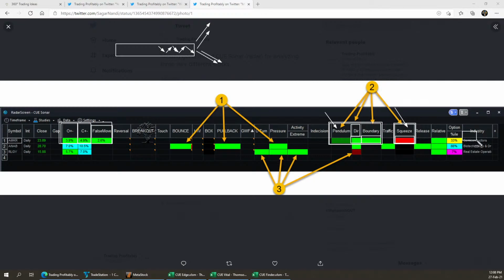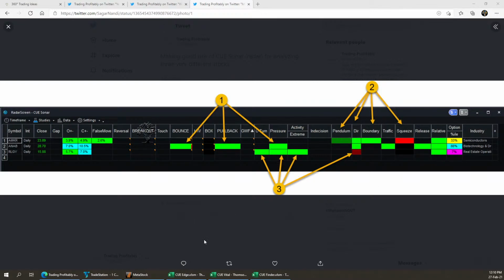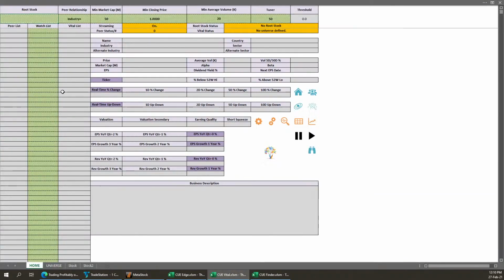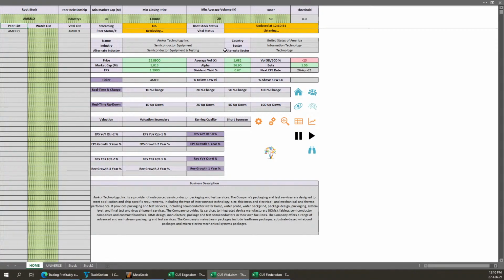What industry is it in? Semiconductors. And if you are following news, there is a huge crunch of semiconductors. So when I saw that in Q Edge, I checked out the stock's fundamentals using Q Vital. When it is retrieving the data for calculating the stock scorecard, let's check out its industry.